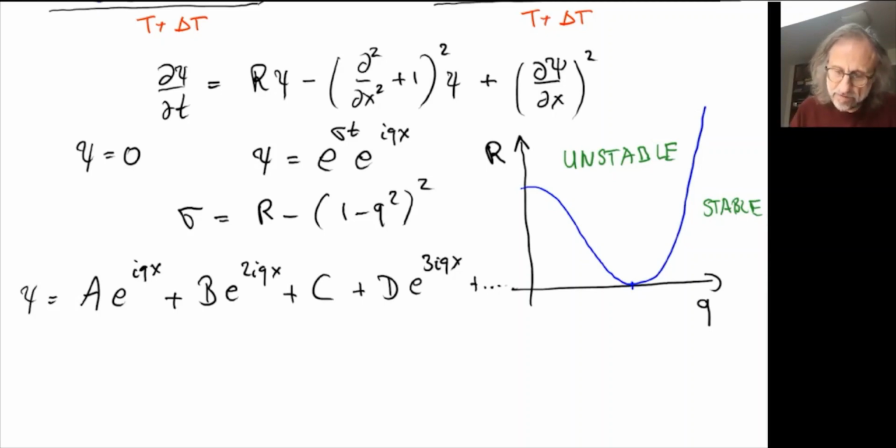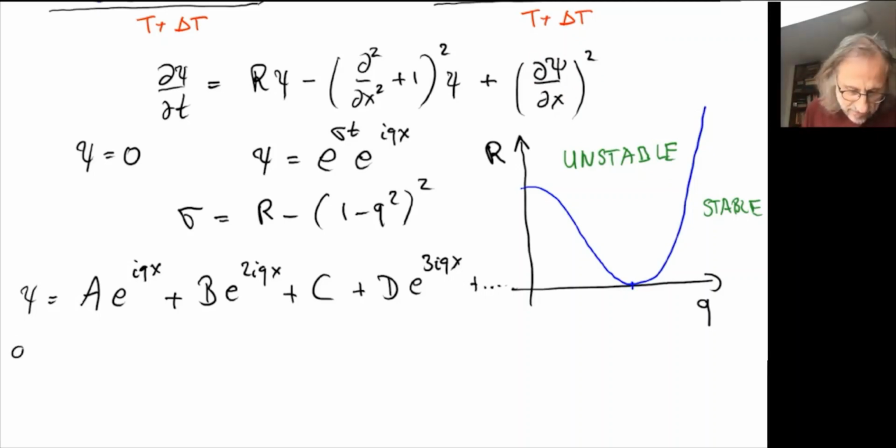So we need to plug that into our equation. So psi goes in here. And the most important part here is this nonlinear term. And so we need to figure out what this generates. And so let me write out actually the derivative first, so we just have an easier time to see what the nonlinear terms look like.